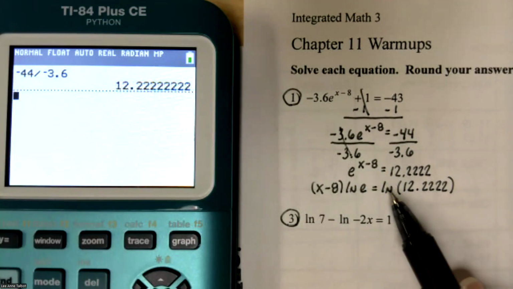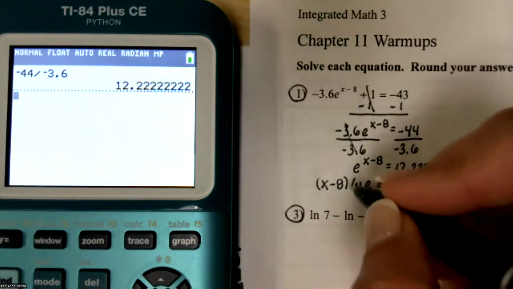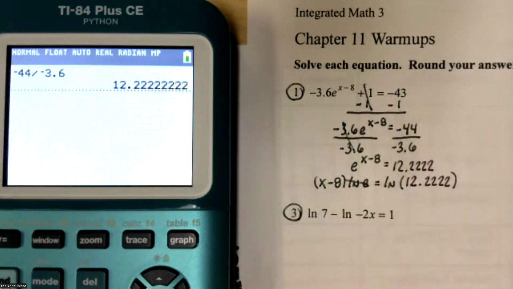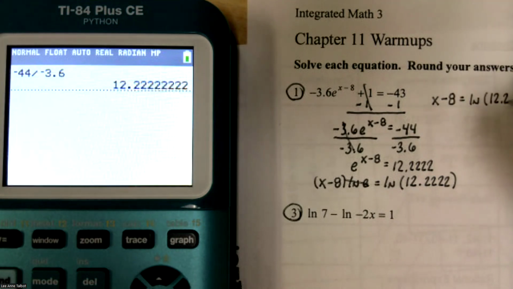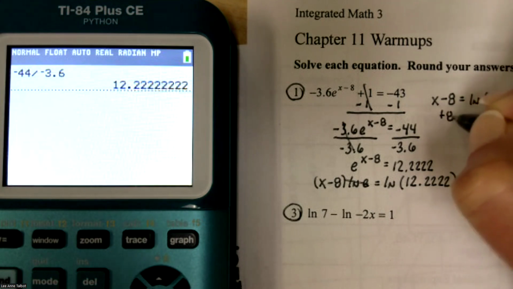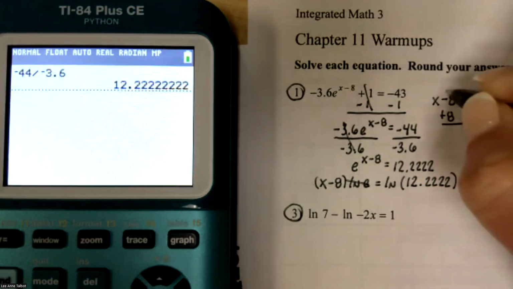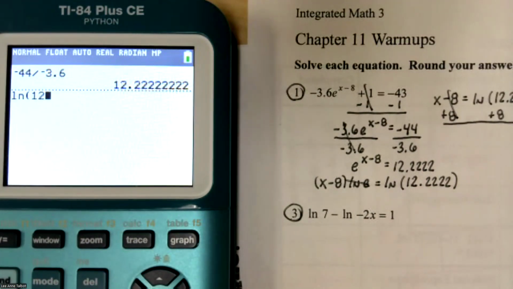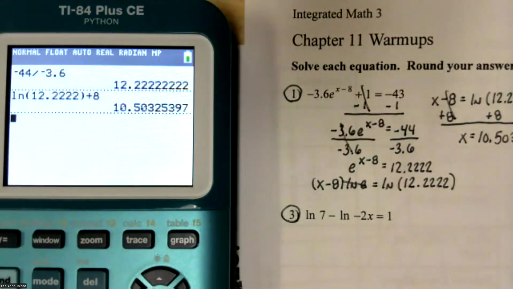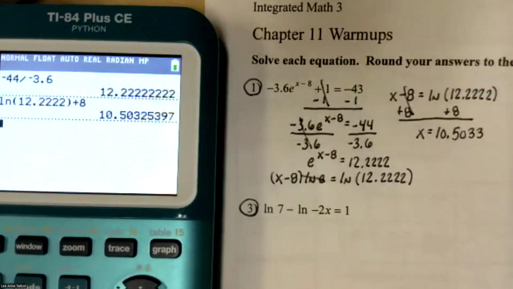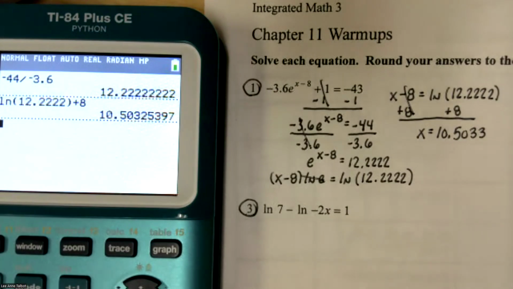Then I natural logged both sides and brought the exponent in front. Natural log e cancels. About 10.5033.